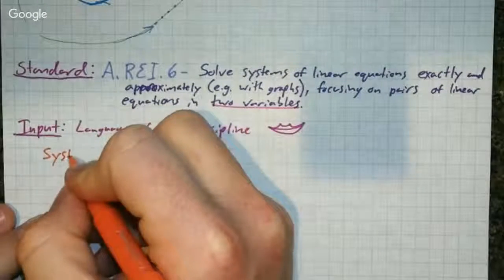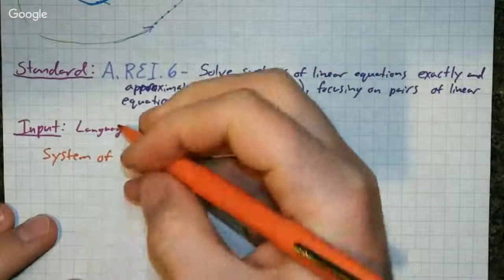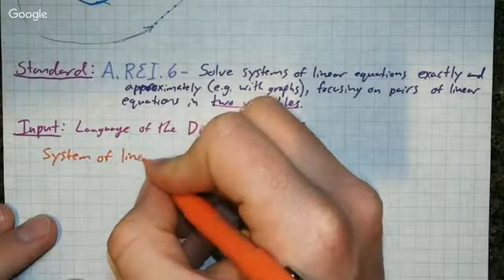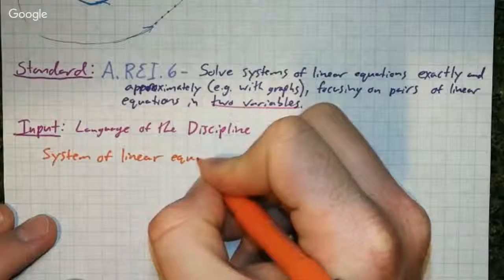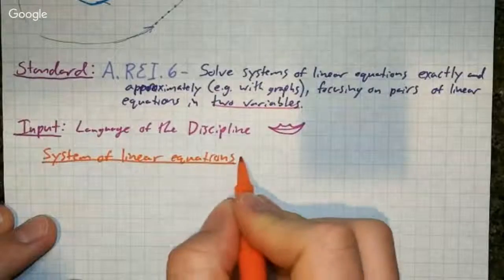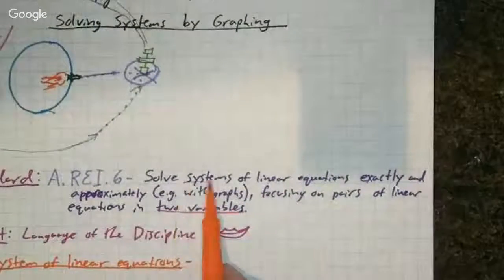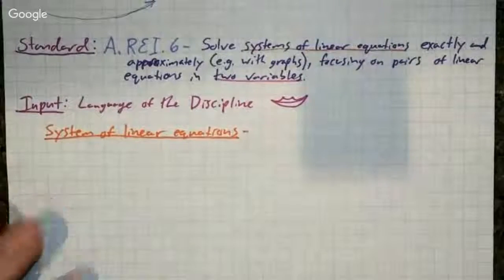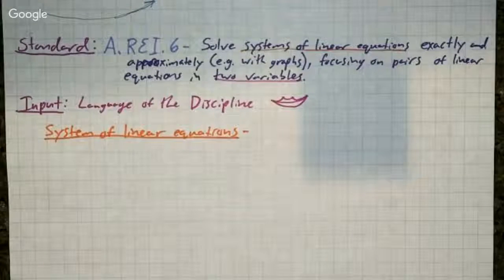system of linear equations. System of linear equations, which is important because right here it says systems of linear equations. So, what is a system of linear equations?